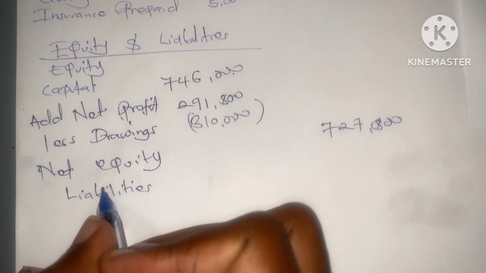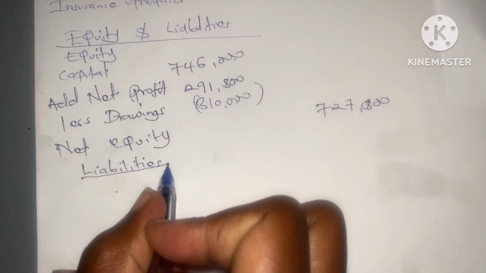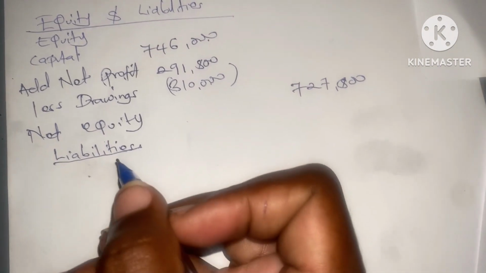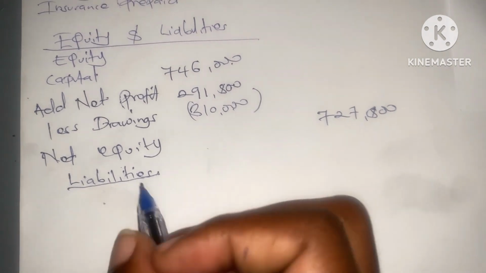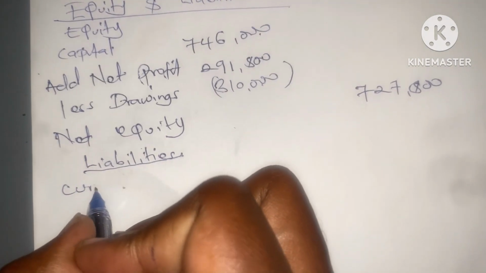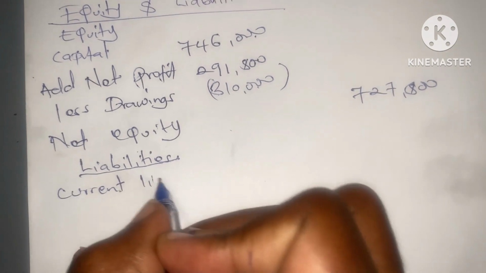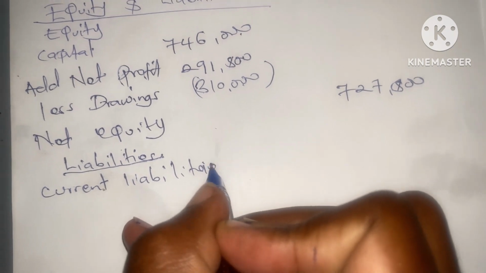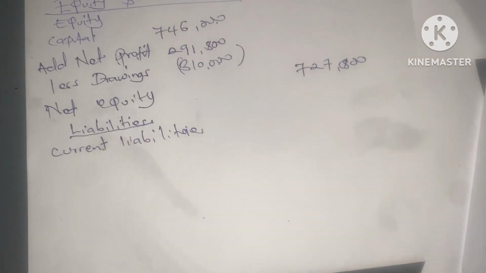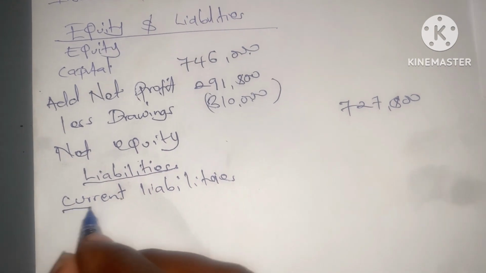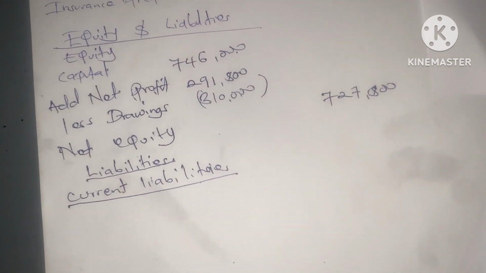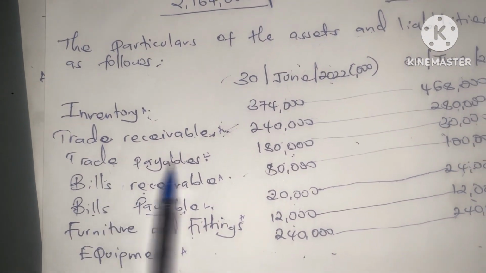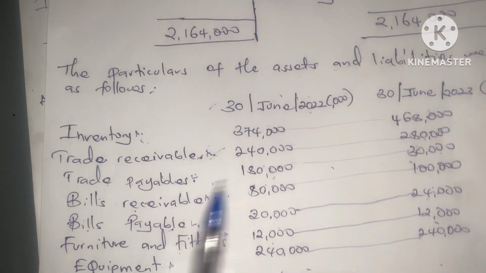Liabilities, we have the long-term liabilities and then the short-term liabilities, or the current liabilities. Long-term is anything that is beyond 1 year. And in this question, we didn't have any long-term liabilities, so we shall only have the current liabilities. Long-term liabilities are mainly loans. So current liabilities, we have things like trade payables, then bills payables.